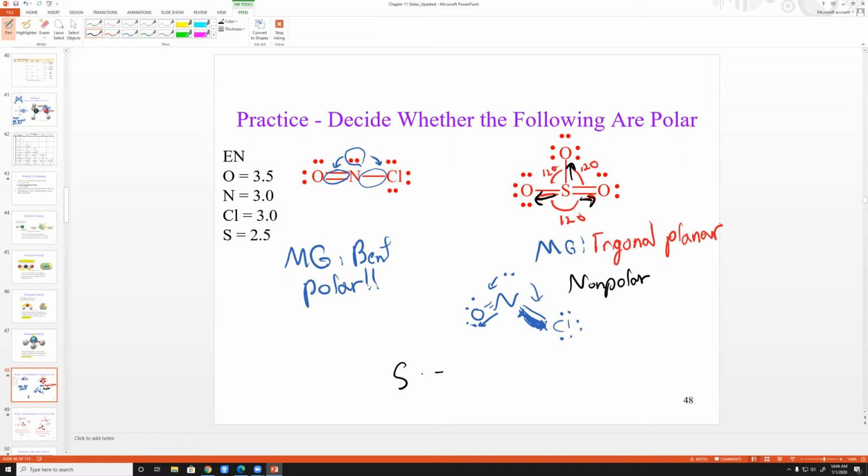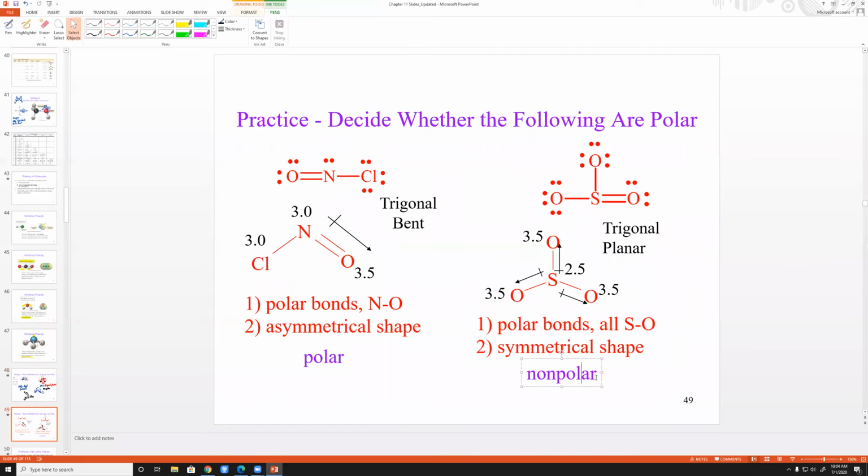It would push with a couple percent more towards this oxygen, but it would be very, very close to symmetrical in terms of single bond versus double bond. Very close. So we can basically say that this is non-polar.